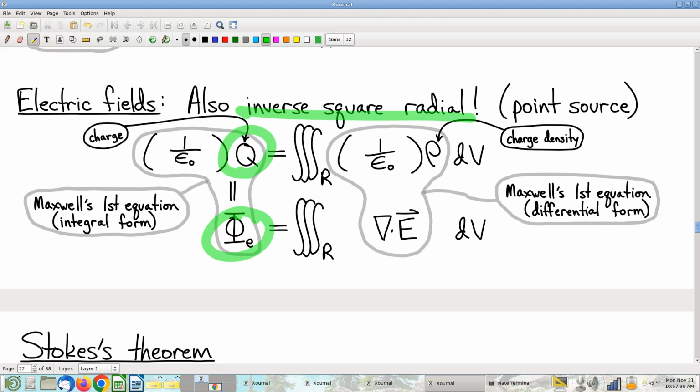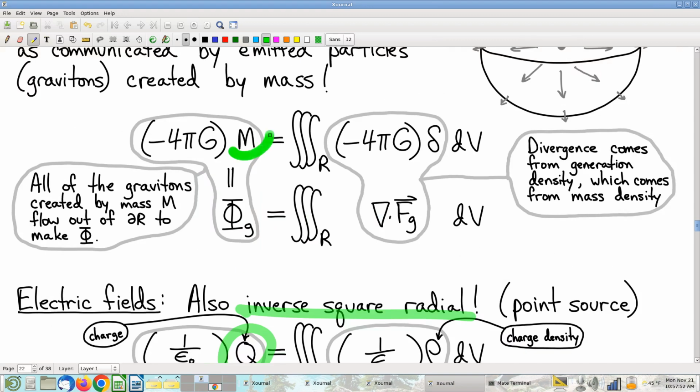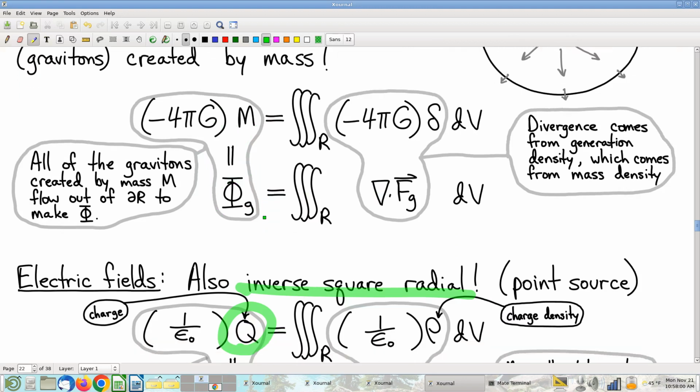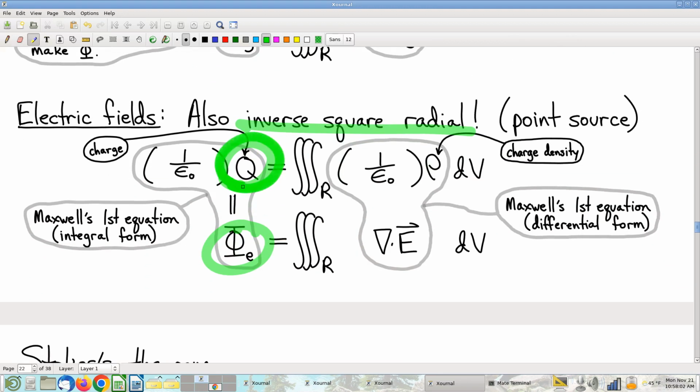And I don't want to comment on how they describe this fluid because it gets a little weird, and I think it'd be counterproductive to talk about that. Anyway, same point that I make up here. Mass creates the photons that are the flux that you would measure on the boundary. Likewise, charge in this scenario creates the fluid, whatever that is, that becomes the flux through the boundary.